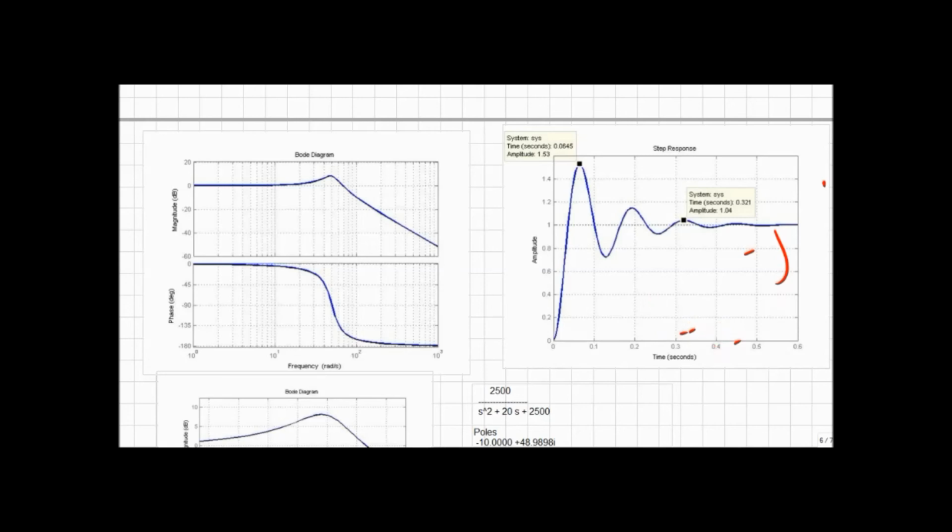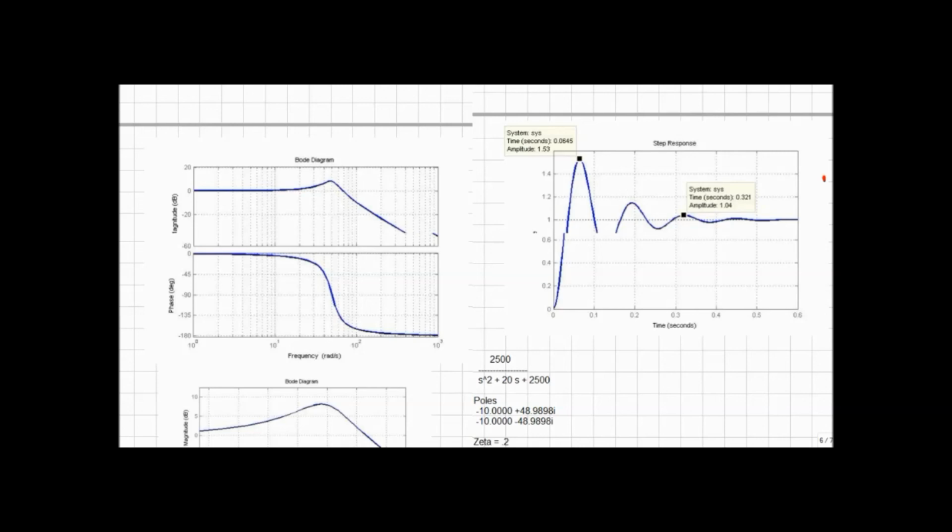Now we have techniques for looking at the Bode plot. Our amplitude method slides down.